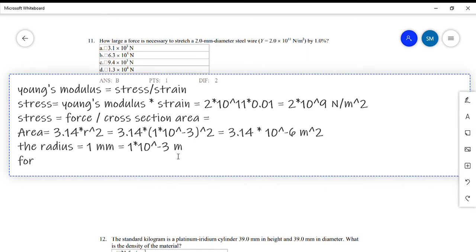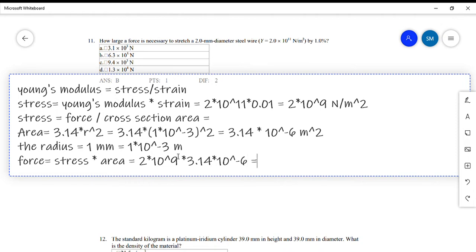Force is equal to stress times area. Stress, we just calculated, is 2 times 10 power 9, and the area we just calculated is 3.14 times 10 power negative 6.